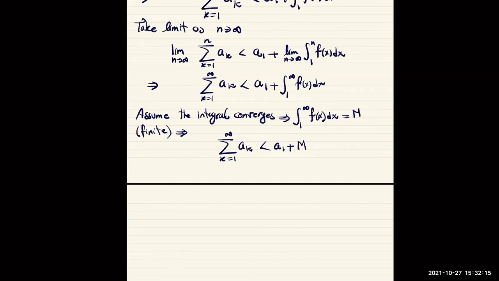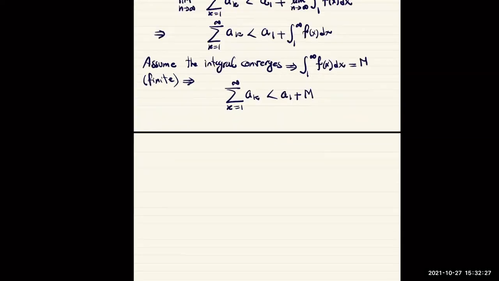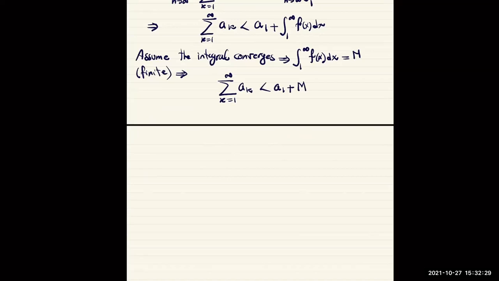It has to converge. Anything less than finite must be finite. It can't be infinite. Therefore, the series is convergent. Does that make sense?